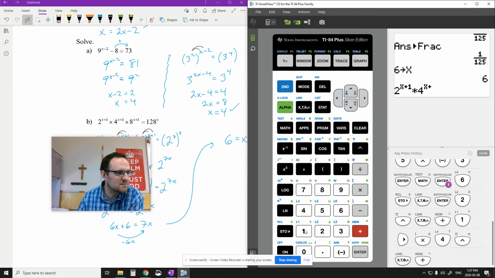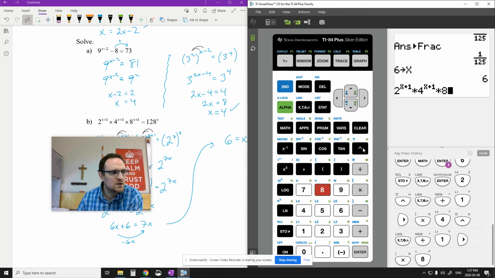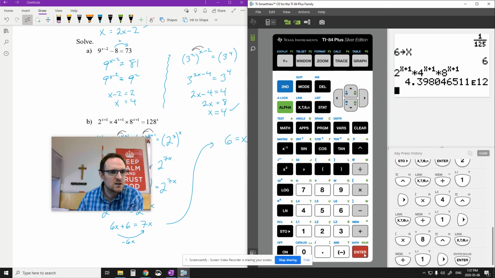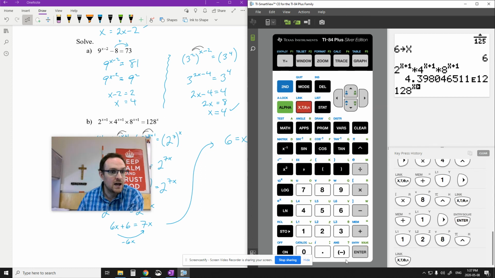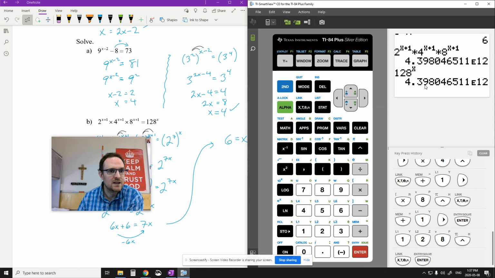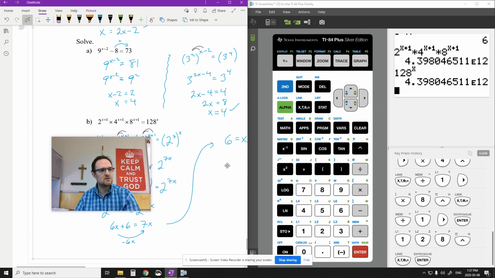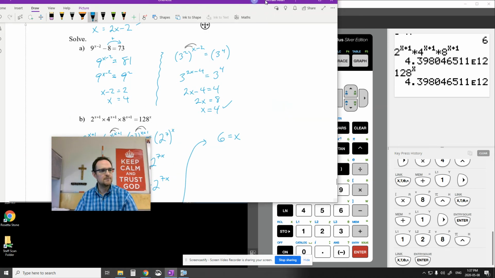These will all be 2 to the power of 7 essentially. Times 8 to the power of x plus 1. Hit enter. So that's what that side is. It's a really big number. The other side should be the same. Yeah, they end up being the exact same number. So that is a correct solution. Cool.